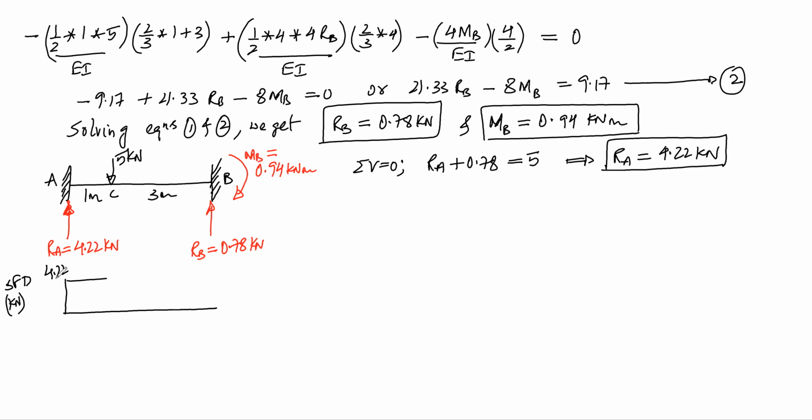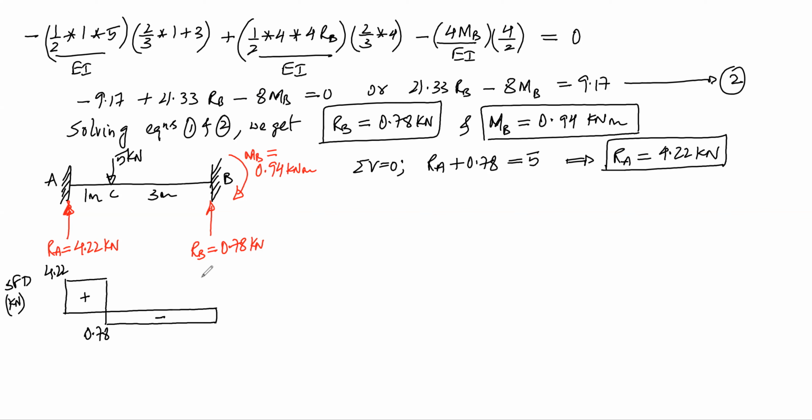So it will be 4.22 minus 5, that is minus 0.78. And from point C to B, it will be constant. And at point B, there is an upward reaction of 0.78. So it becomes 0. This is positive, this is negative.